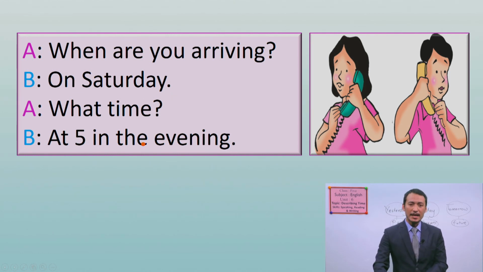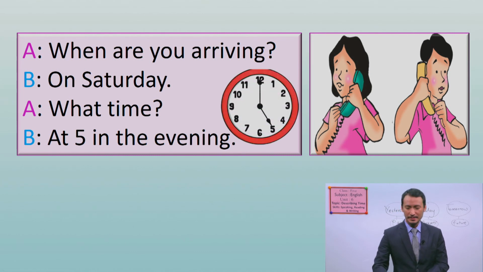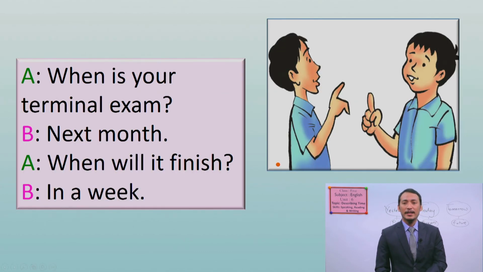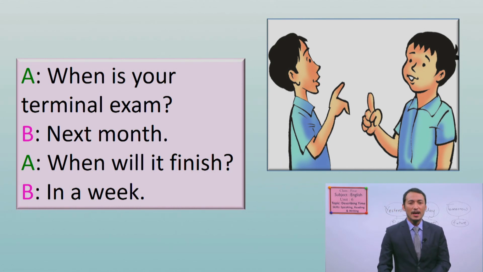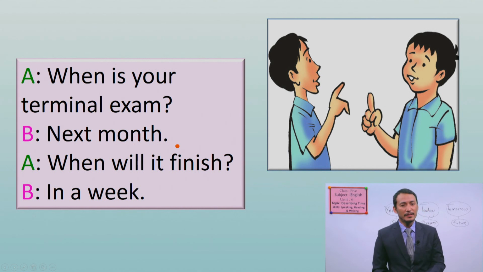Okay, now let's have a look at another conversation. There are two boys, you see, they are talking, right? Yes. And one asks like this, when is your terminal exam? Next month. When will it finish? In a week.